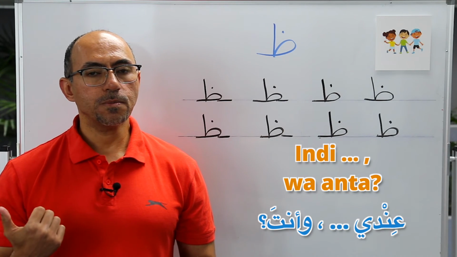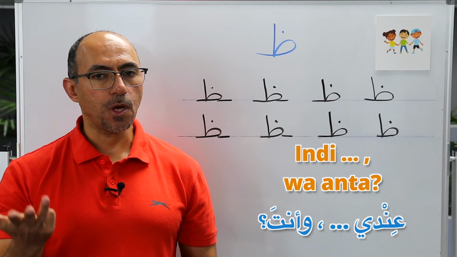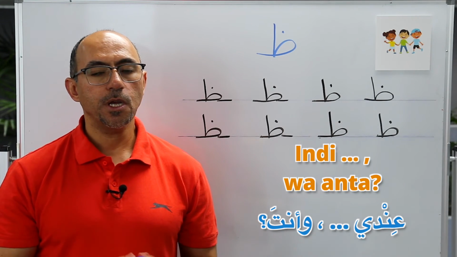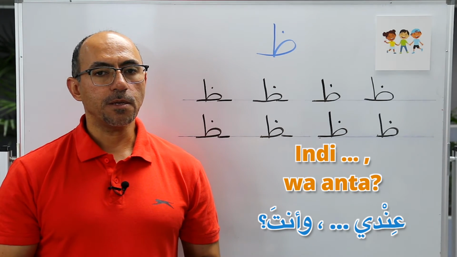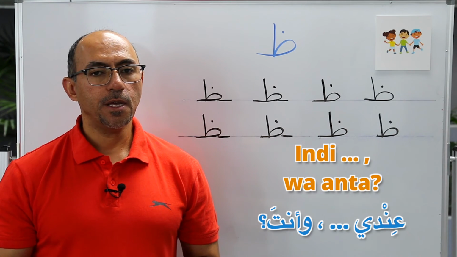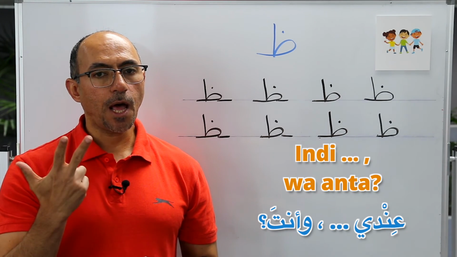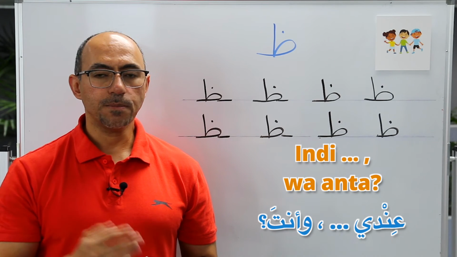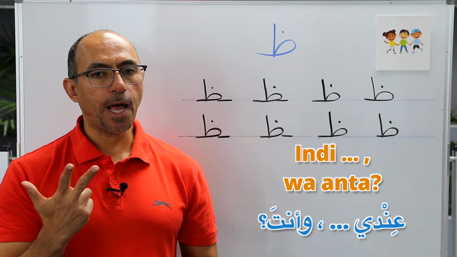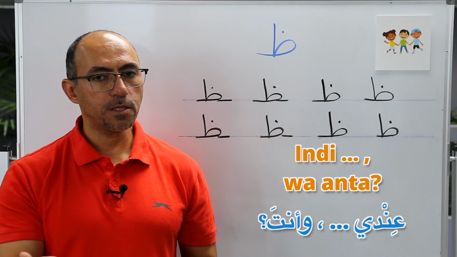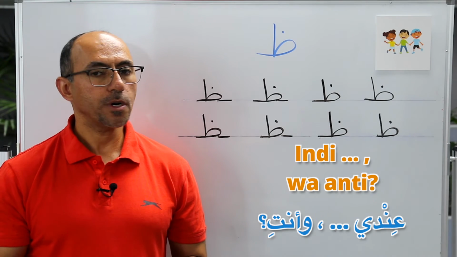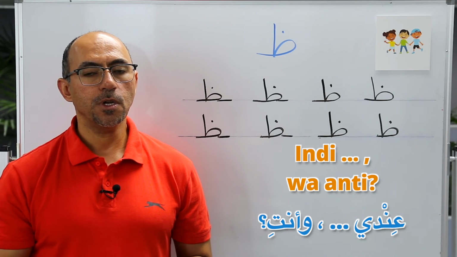Do you remember the numbers? 1, 2, 3, 4, 5, and so on. For myself, I'd say عندي 3 وأنت. عندي 3, I have 3. وأنت, and you. Or وأنتِ, and you, girl.